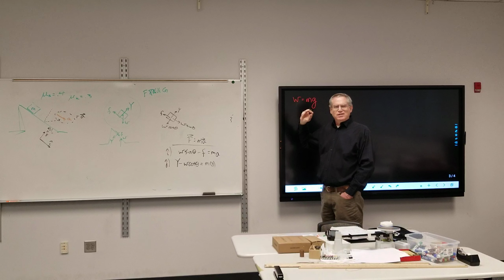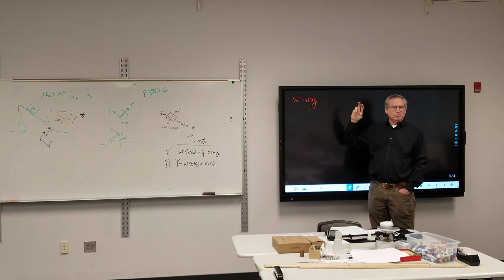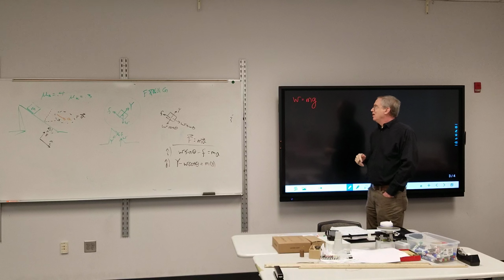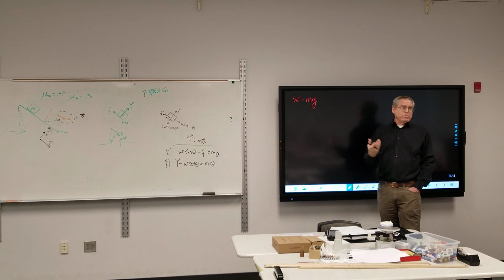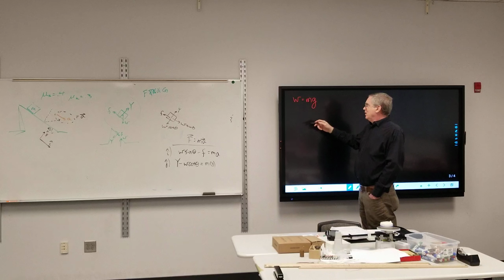Gravitational force. Weight is gravitational force. What is a little g? Little g doesn't have units of newtons or anything like that. What is little g? Acceleration due to gravity. Okay, or gravitational acceleration, if you want fewer words. I usually say acceleration due to gravity.